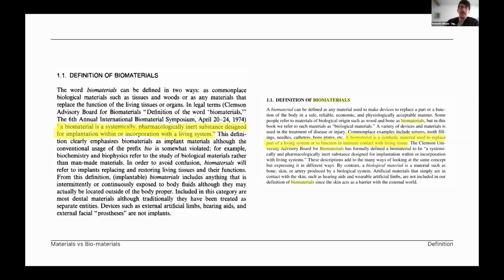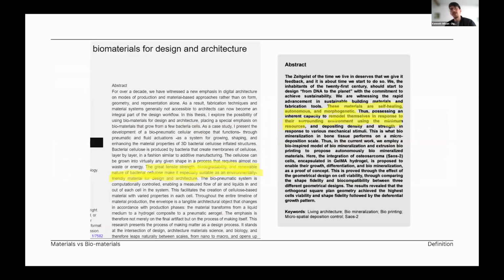And the definition usually implies the use of inert substances that can be implanted into this biological environment without harming it. You can also start to see some definitions from the side of construction and architecture, and they usually highlight the sustainability of these renewable materials that can be extracted and used without harming a particular environment.